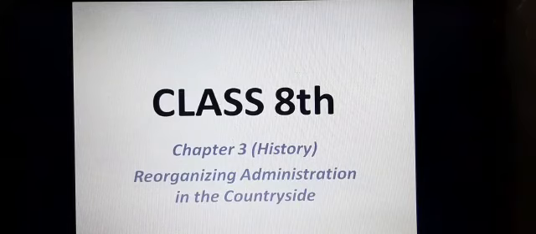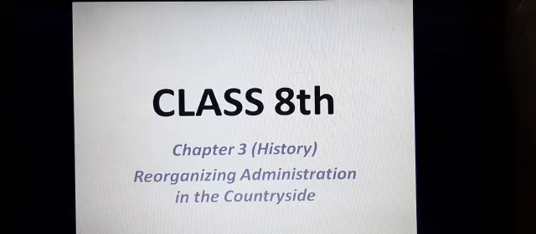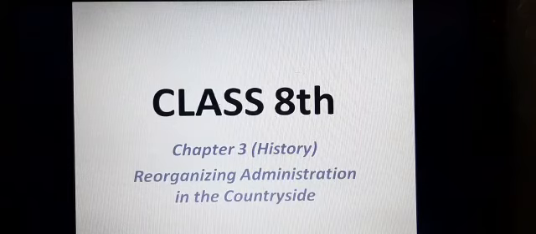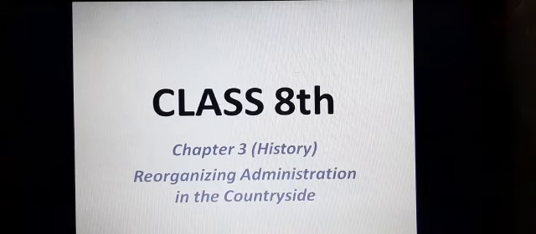This chapter starts from the English East India Company becoming Diwan of Bengal. Students, after becoming the Diwan of Bengal, it started collecting revenue from the states like Bengal, Bihar and Odisha, but they faced some problems. The land revenue administration was based on the Mughal system.